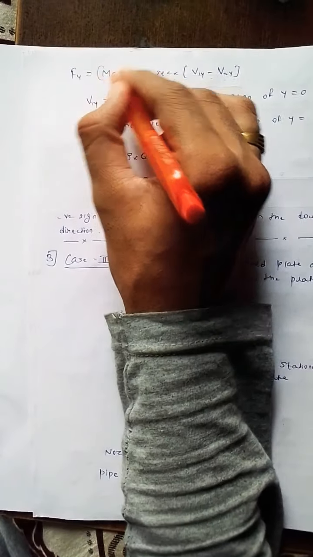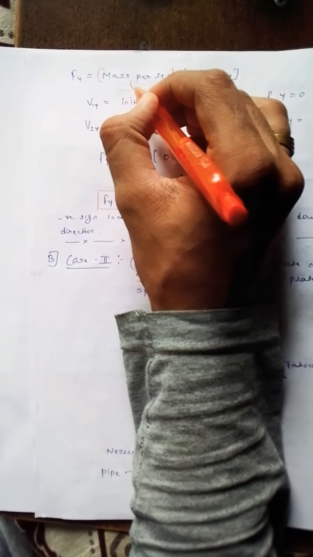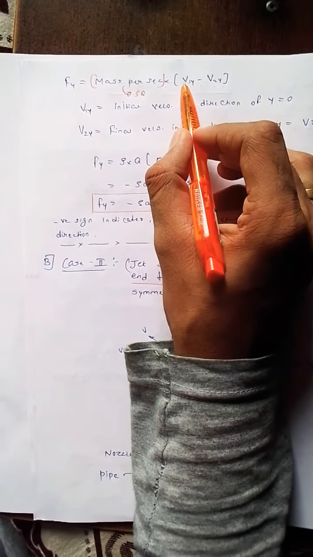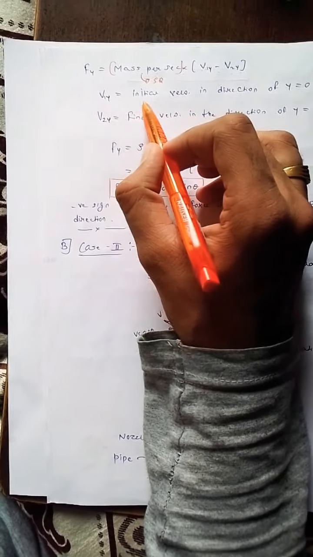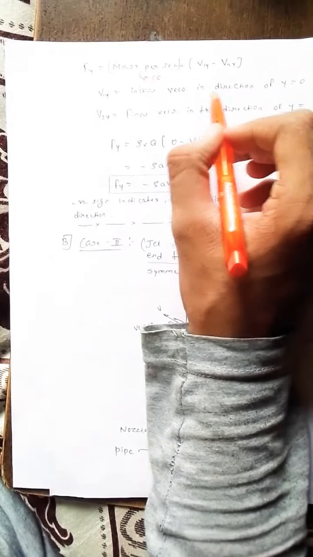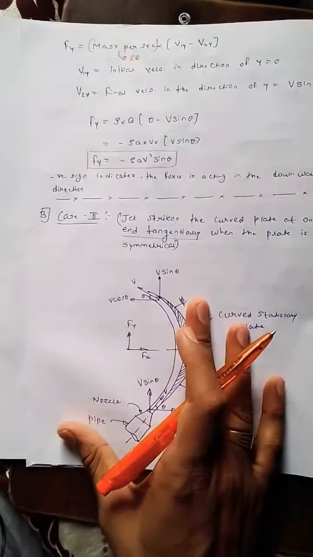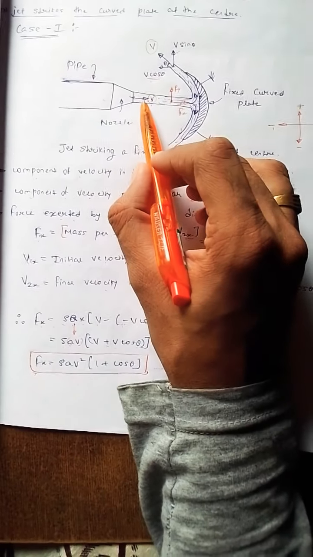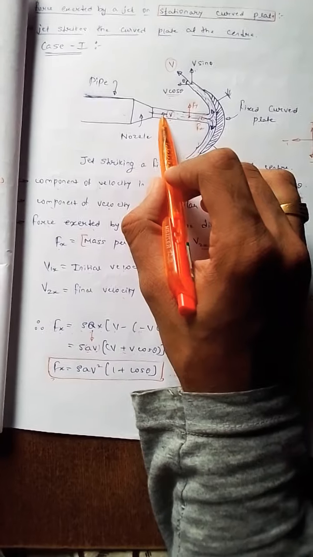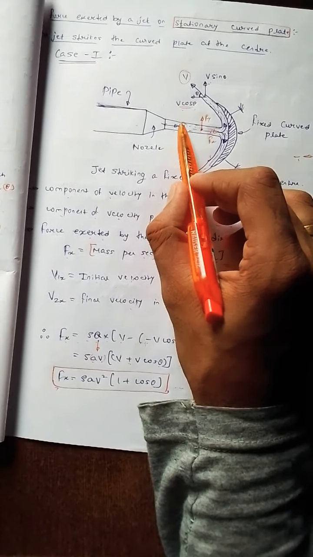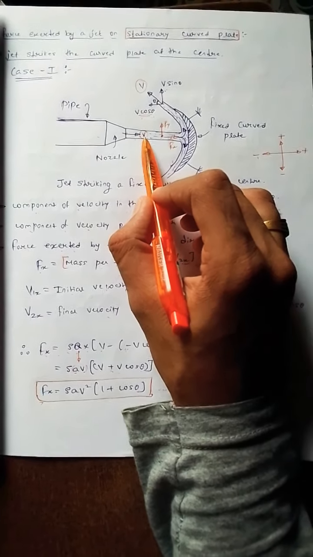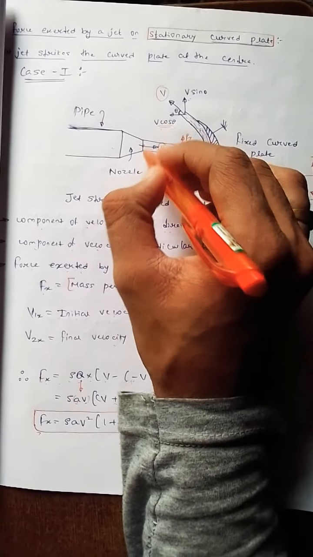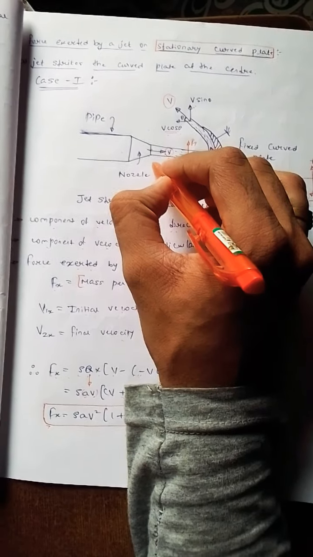We can replace mass per second with rho into Q, correct? So next is v1y. v1y means what? Initial velocity in the direction of y. If you notice, the initial velocity in the direction of y is equal to 0, correct? This velocity is in the direction of x. So this is v1x, not v1y. So obviously in the y direction there is no velocity, correct?